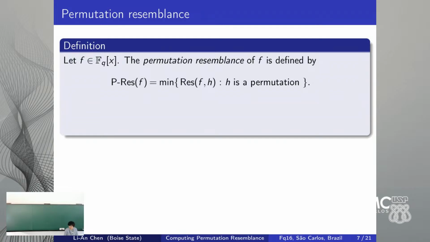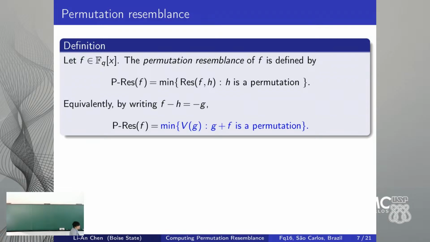But most of the time, it's more useful to consider an equivalent version. You can do a change of variable: write f minus h as negative g, and then it's equivalent to the minimum of the image size of g such that g plus f is a permutation. So in other words, I have a function f, not necessarily a permutation, but I want to add something g to it so that the overall is a permutation, and g has the least possible image.